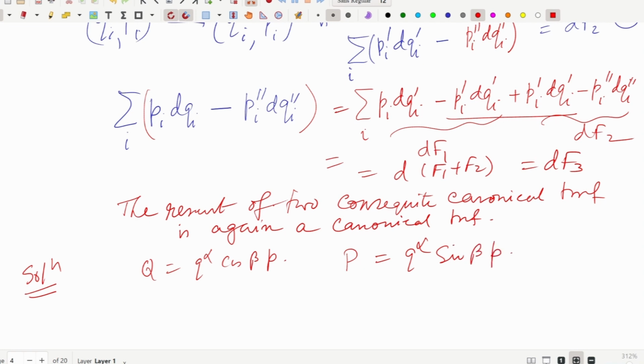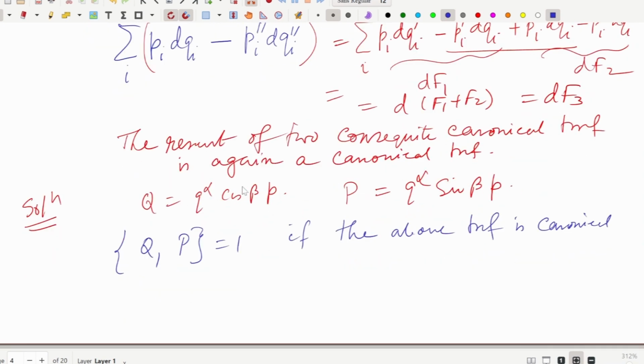Let us consider the Poisson bracket between capital Q and capital P, and for the transformation to be canonical, the Poisson bracket has to be 1.